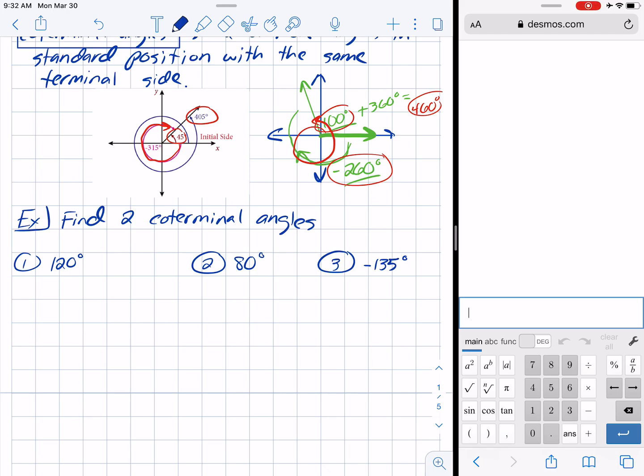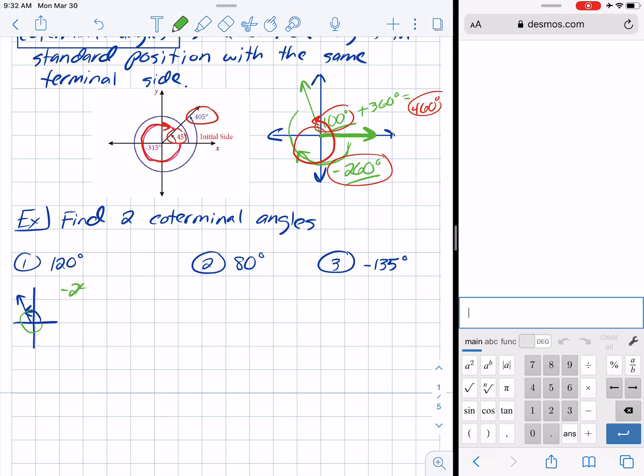All right, so hopefully for 120 degrees, 120 is over here. It's 30 degrees past 90. So if you're going the other direction, that would be negative 180 and then negative 270, but it's actually 30 degrees less than 270.